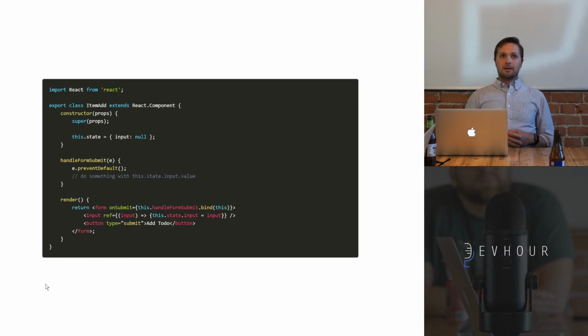And then if you look down inside of the render function, we have an input element, which we're assigning a ref property. And that ref attribute receives the underlying DOM element as its argument. So we're essentially attaching this DOM element to our state so that when the form is submitted, we could possibly get the value that is in that input and throw it at our data store or something like that. That's kind of how I perceive component state should be utilized in React. Everything here is contained within this component. It's not leaking anywhere else. Okay.